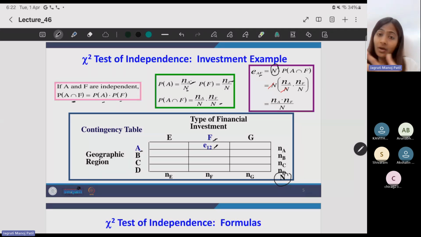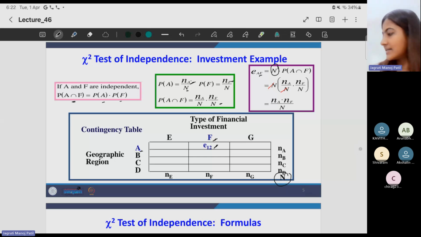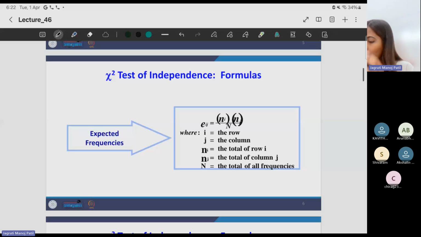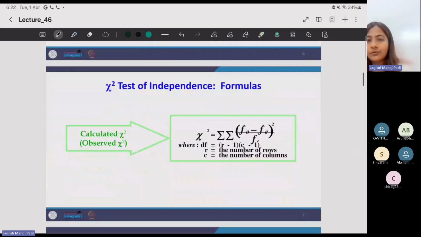This is not that numerically extensive, but here's the formula for independence. What we did is your Ni is the row-wise total, then you have the column-wise total, divided by the total of all the frequencies that you have. A simple formula for computing the expected frequency. Now you want to compute it for the independence, for the chi-square. So what would it be?